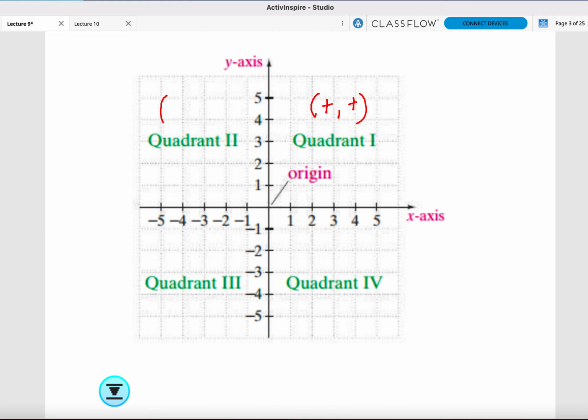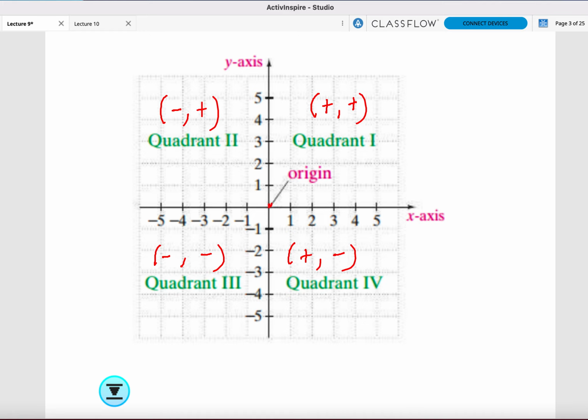In quadrant two, the x values are negative, but the y is still positive. In quadrant 3, the x's are negative as well as the y values.